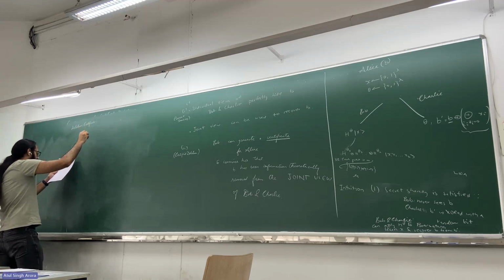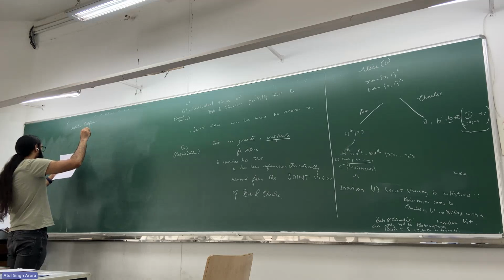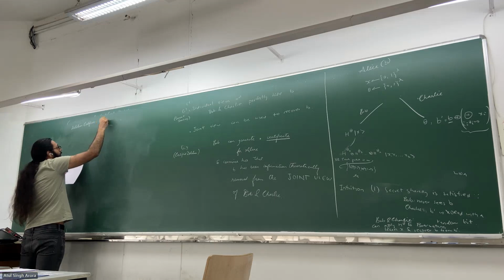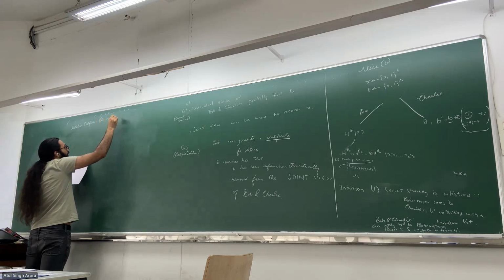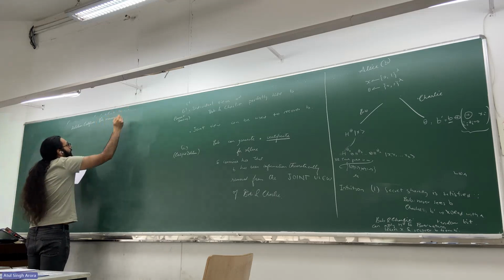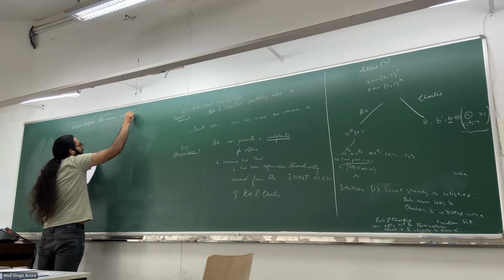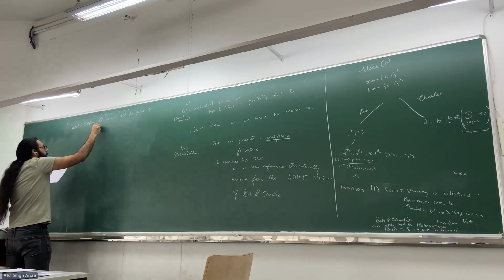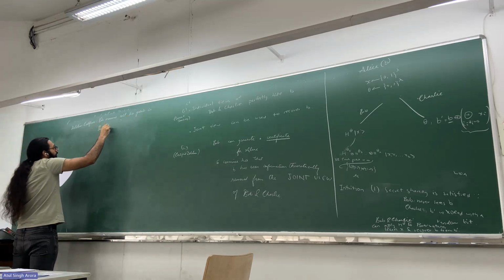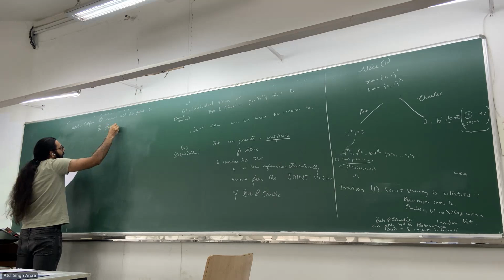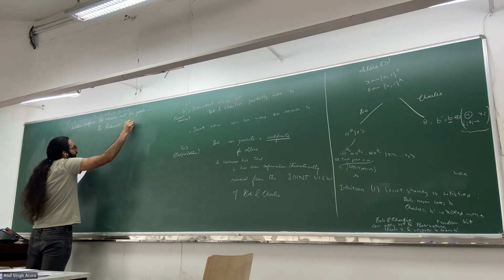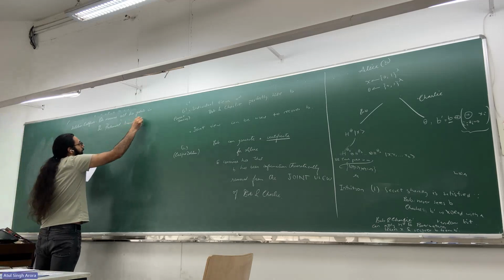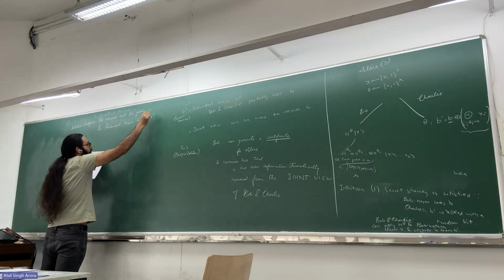So the deletion certificate is the following: Bob measures all his qubits in the Hadamard basis to get X prime.